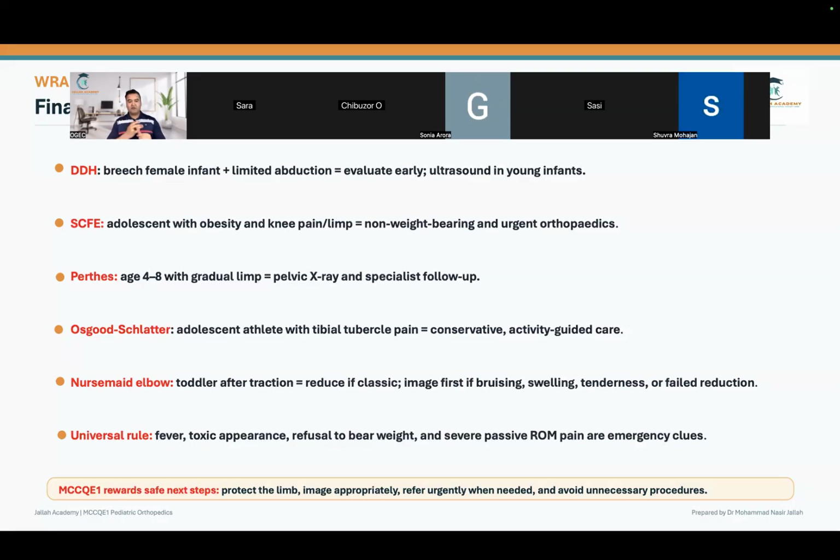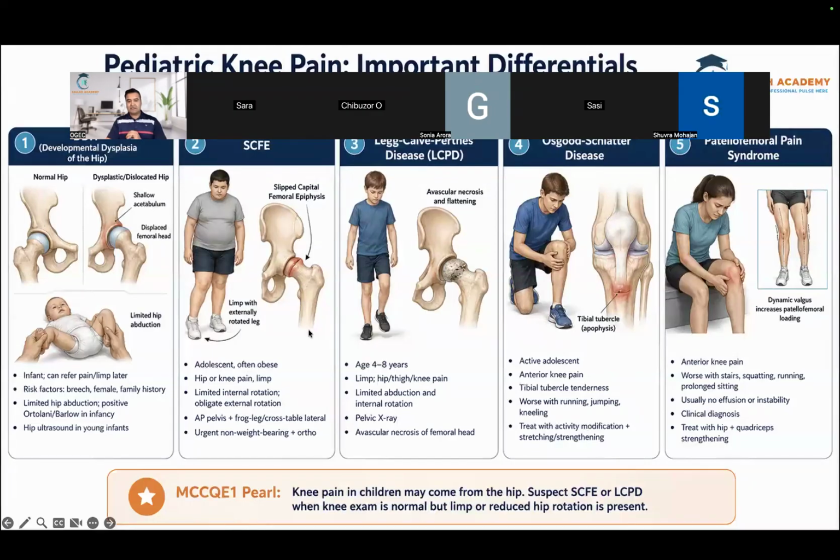Universal rule: fever, toxic appearance, refusal to bear weight, and severe passive range of motion is septic arthritis until proven otherwise. So MCQ1 rewards safe next step: protect the limb, image appropriately, refer urgently when needed, and avoid unnecessary procedures. This is the whole thing that we discussed in one slide.